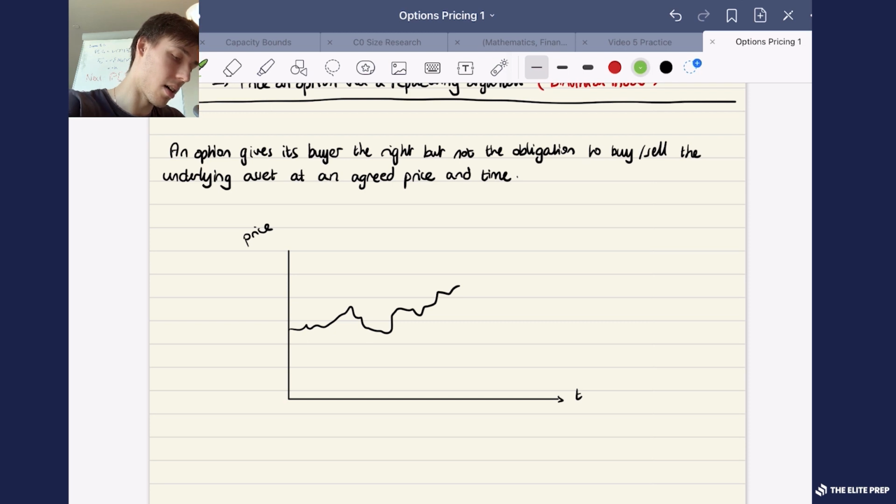And then this time is today. This is just T0. In the future, it can either go up or it can go down. Let's say the price of the stock today is 100. In the future, the stock either goes up to 110 or it goes down to 90.